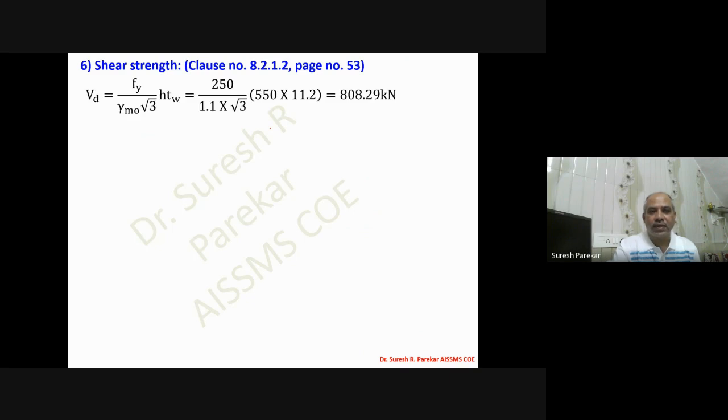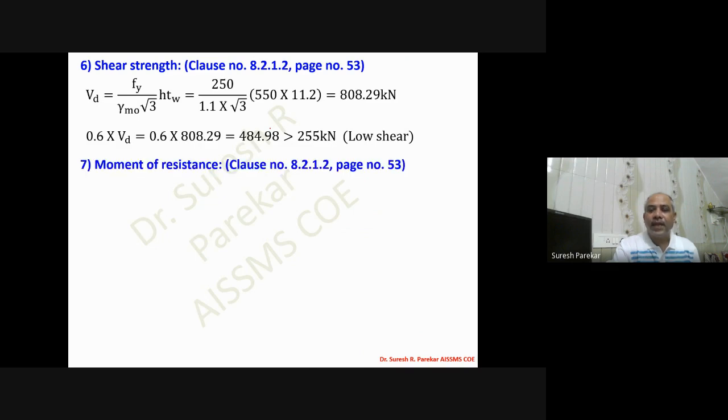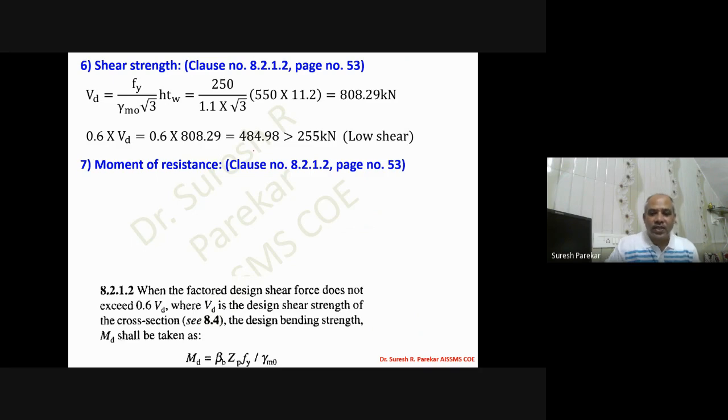Now shear strength Vd equals Fy upon gamma mo root 3 times h Tw, and then we substitute the values, which gives me Vd. Then 0.6 Vd will be 484.98, which is greater than 254 kilonewton, so we have low shear. For low shear we have clause number 8.2.1.2.